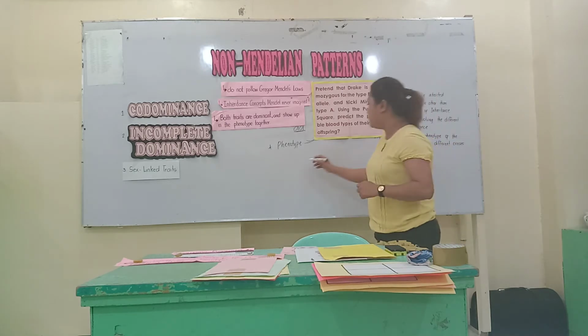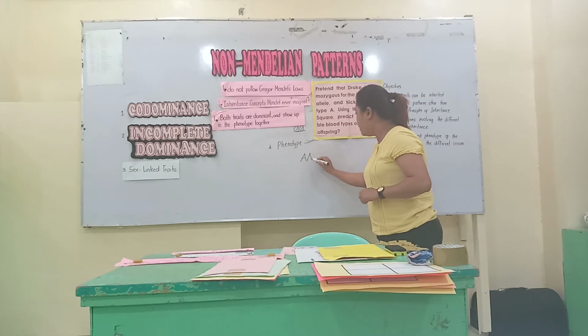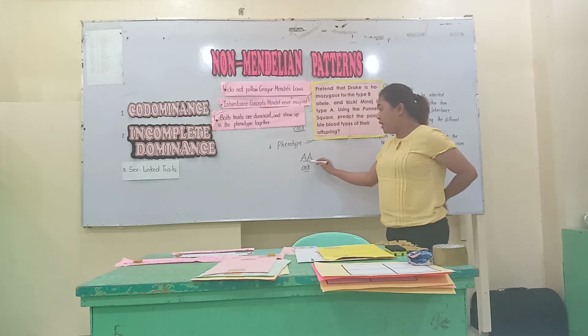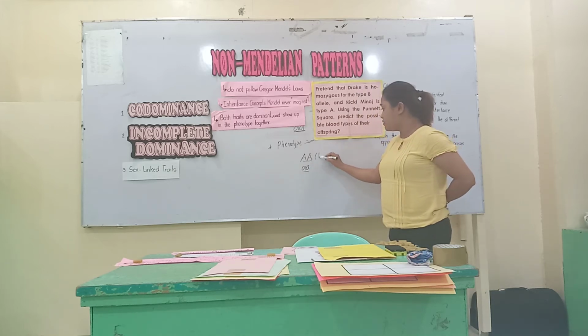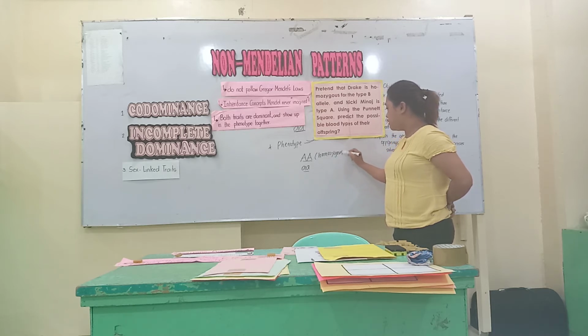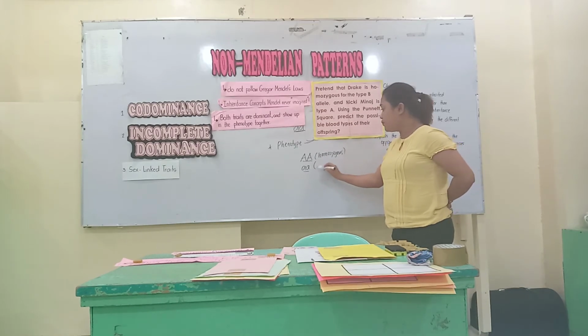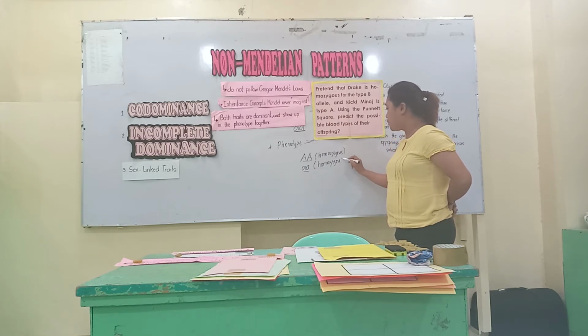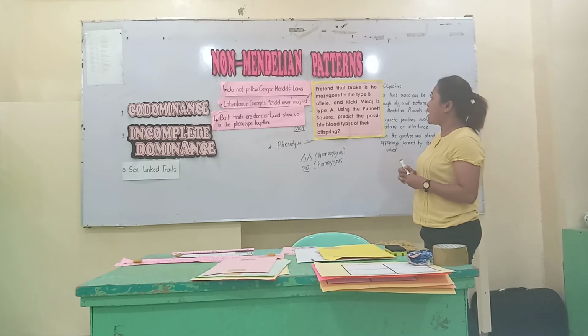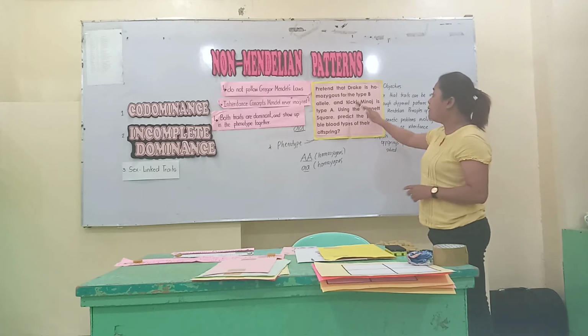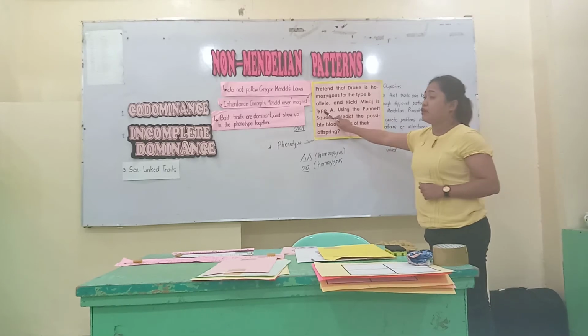For example, big letters A o small letters A. Kani homozygous, pareho kadagko. This one is also homozygous, pareho ka gagmay. What if kuno si Drake is homozygous for type B allele?